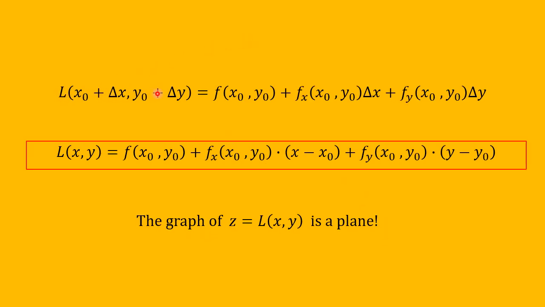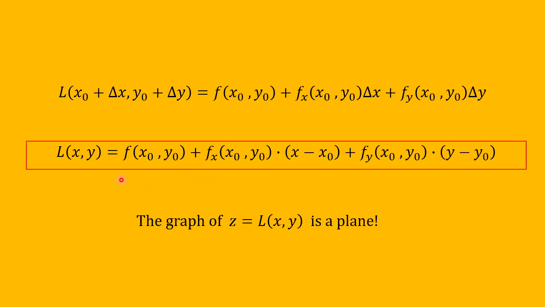Okay, this is the formula for L that we just saw. Suppose we decide to call x0 plus delta x just x, and y0 plus delta y, let's call that y. Well, in that case, delta x is going to be x minus x0, and delta y is going to be y minus y0.